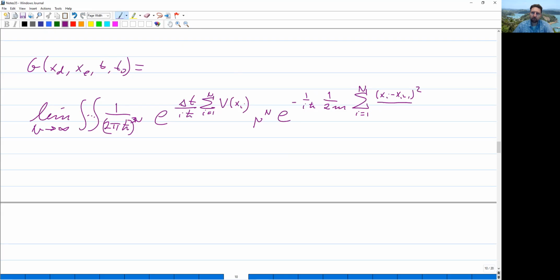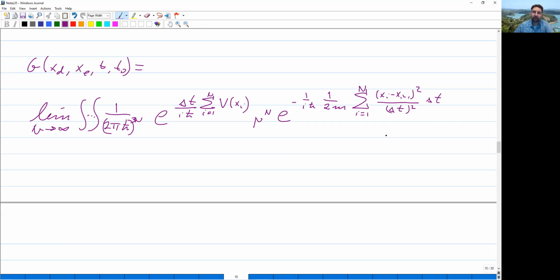And then we can write this as divided by delta t squared times delta t. There was only a 1 over delta t in the denominator, but I can write 2 of them if I put another delta t in the numerator, because here we also have a delta t in the sum.